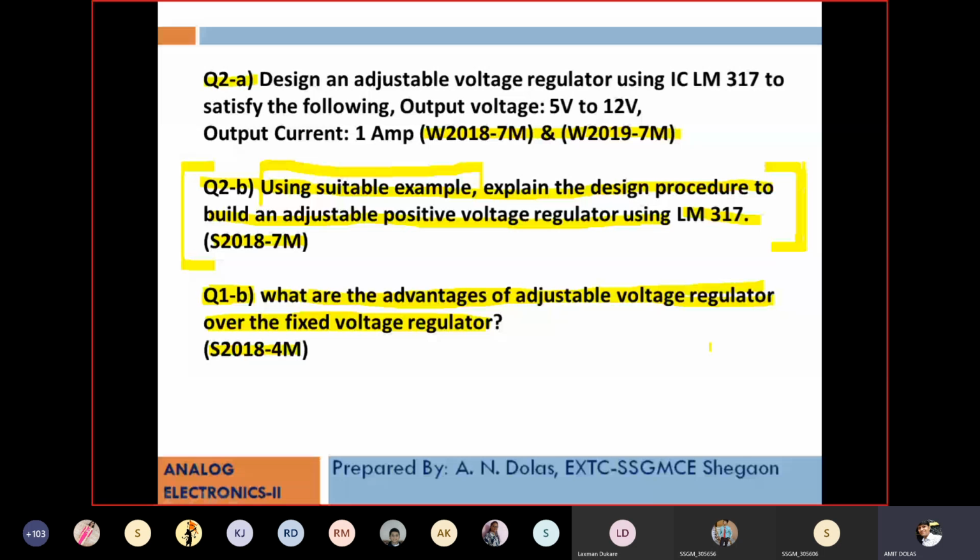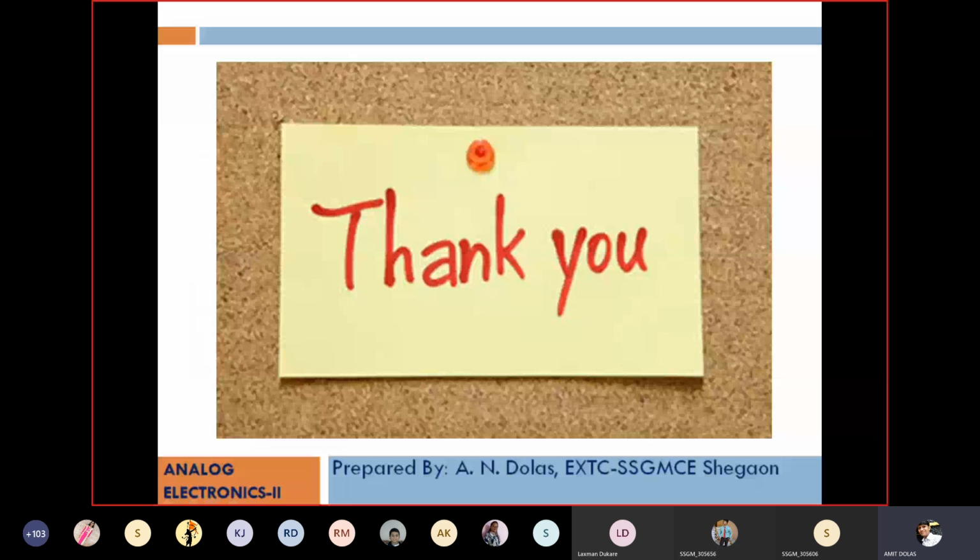You have to explain the advantages of those. So this was related to the LM317 adjustable, variable voltage regulator IC.